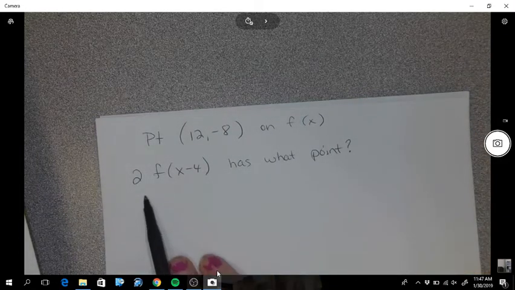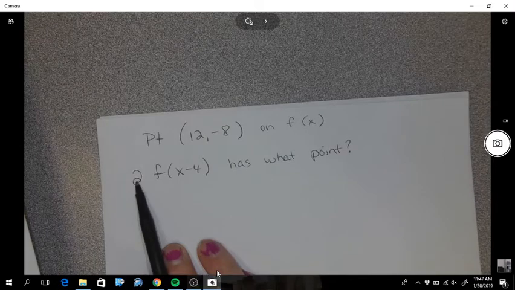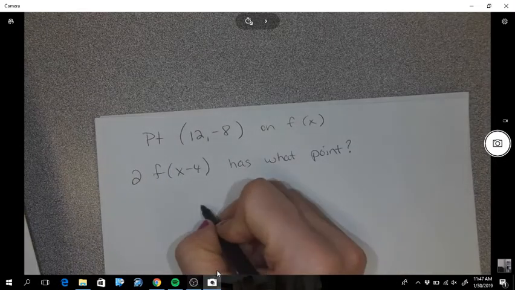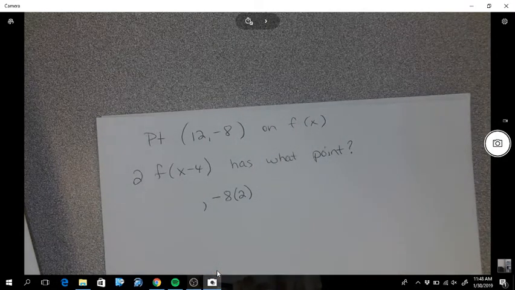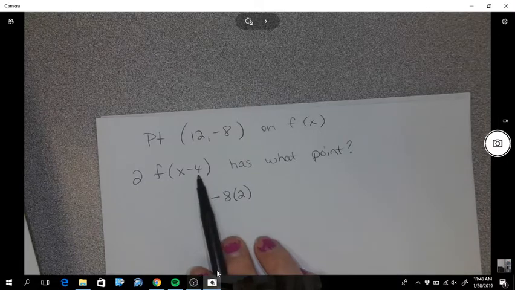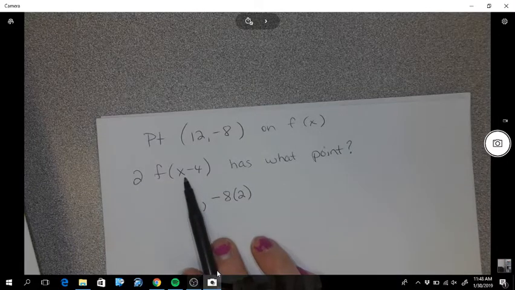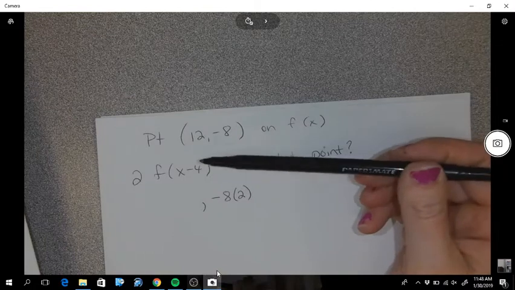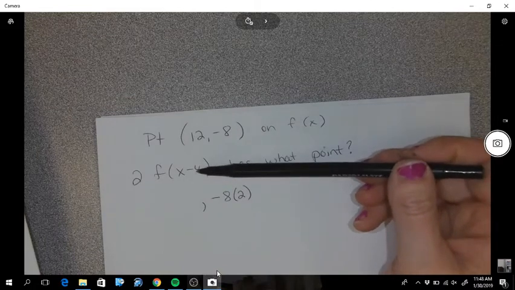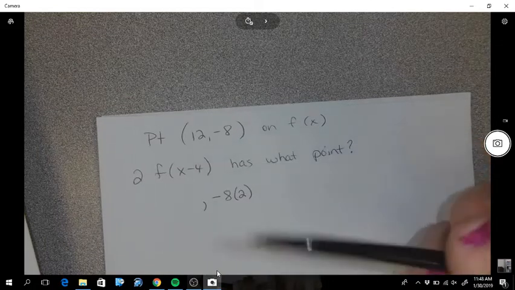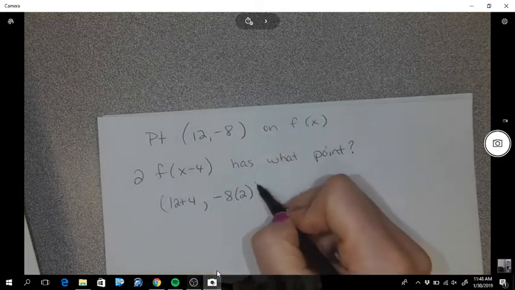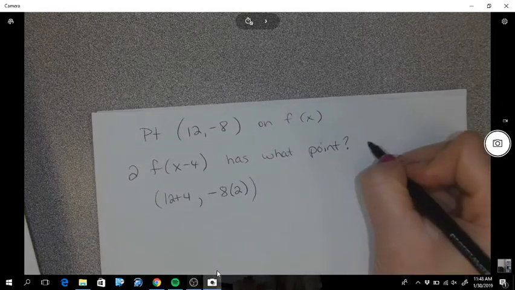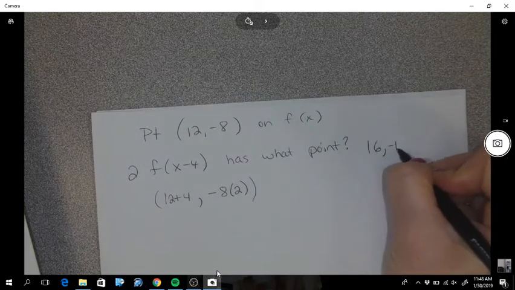Okay, so the 2 affects the y value, so that's a vertical stretch on y. So that means I'm going to be multiplying that. And the 4 is affecting my x value, so it is making a horizontal movement which is going right 4. So my new point is 16, negative 16.